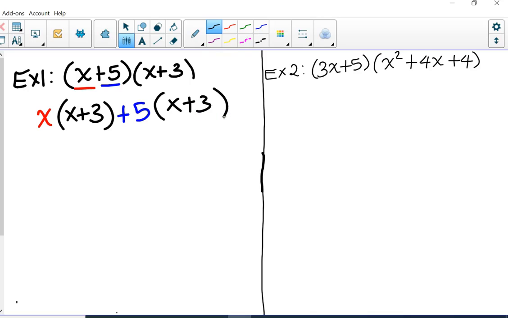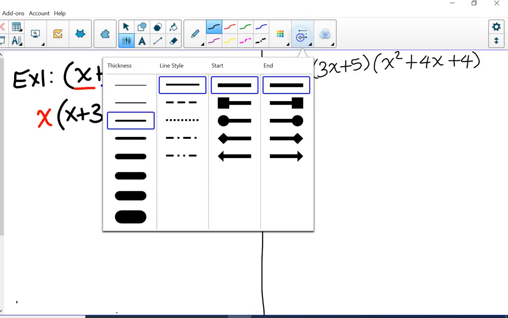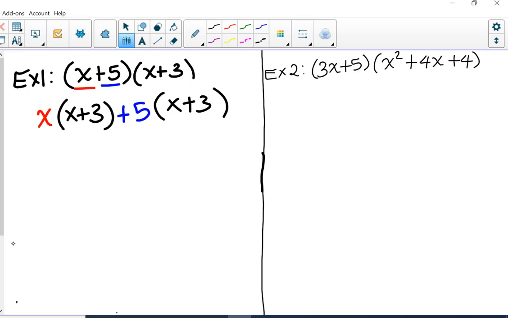Next step is to identify your coefficients and exponents. When you're multiplying, you multiply the numbers in front, the coefficients. And if it's the same letter you're multiplying, you add the exponents. So that's really important. It's important to identify invisible numbers.